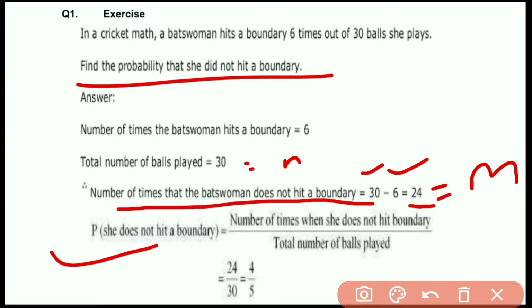On the left side we write the probability P of not hitting the boundary equals the number of times she does not hit the boundary divided by the total number of balls, that is M upon N. Probability is the required outcome upon the total outcome. What is the required outcome? 24 upon 30. 6 fours are 24, 6 fives are 30. This way we calculate the first example.